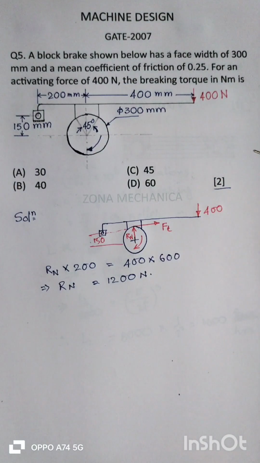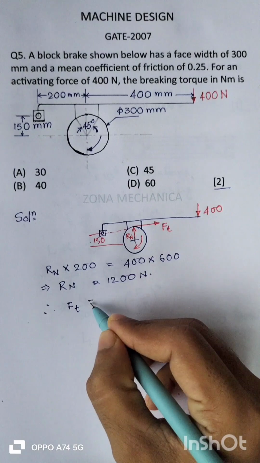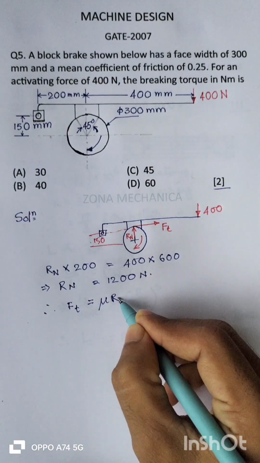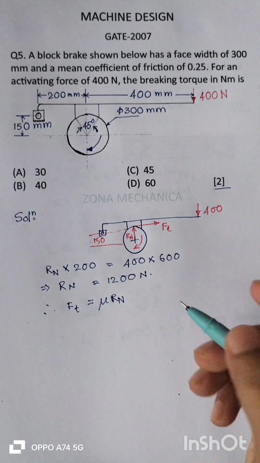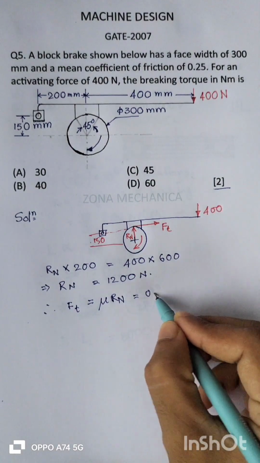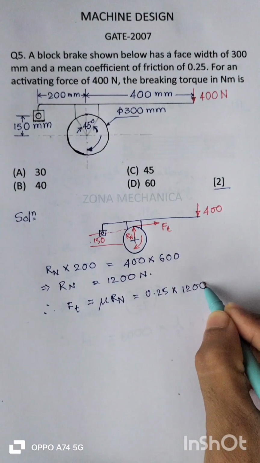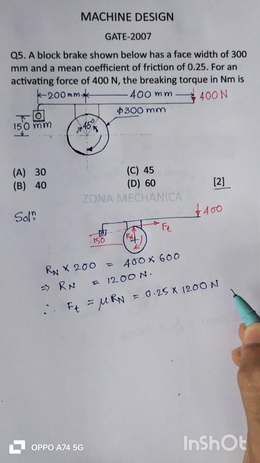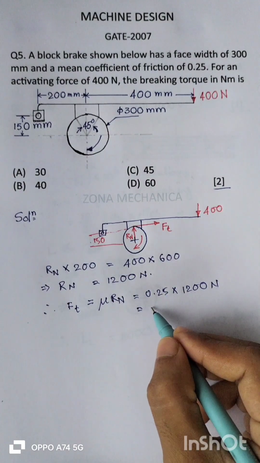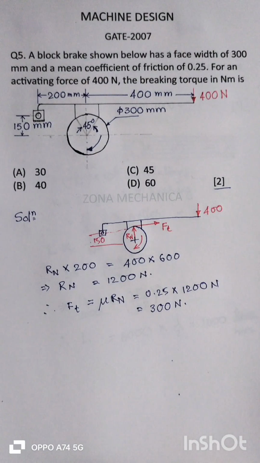Therefore, Ft will be mu into Rn, we know this, which is equal to 0.25 multiplied by 1200 Newton. This is nothing but 1/4, so this will be 300 Newton.